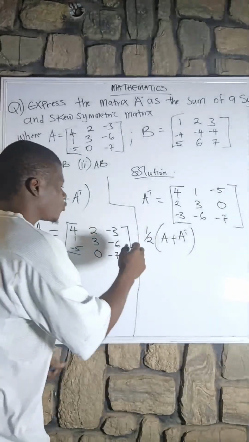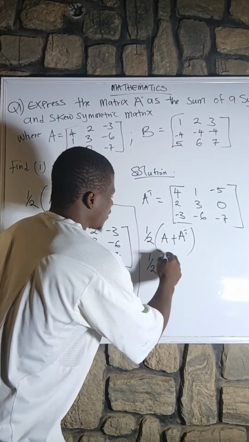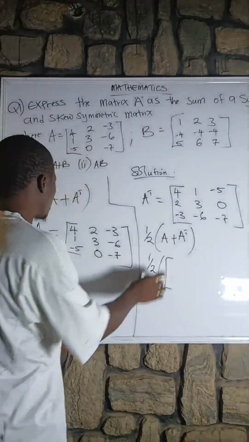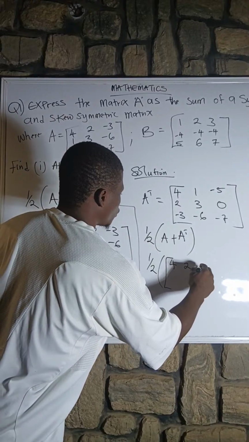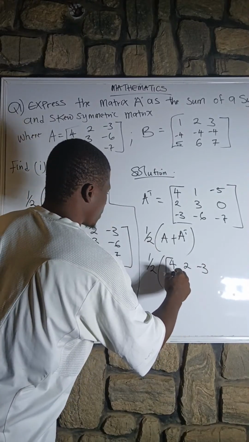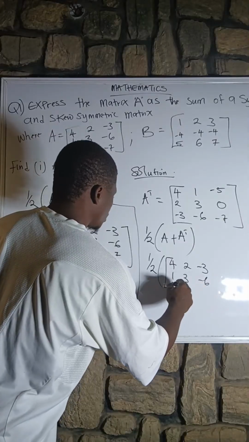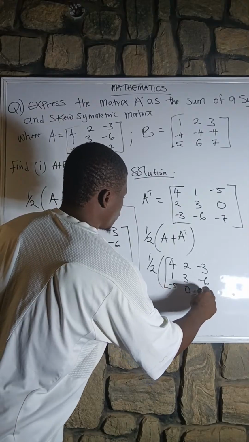Let's go. So we have half, and then open bracket, our A, we say is 4, 2, minus 3, 1, 3, minus 6, minus 5, 0, minus 7.